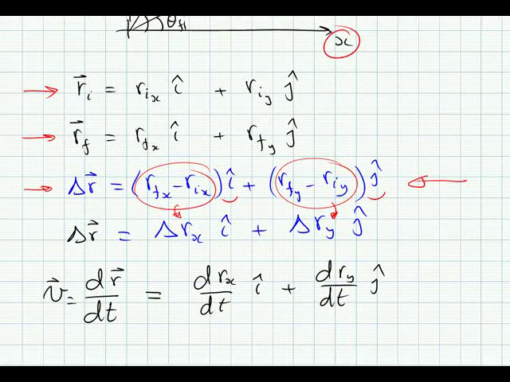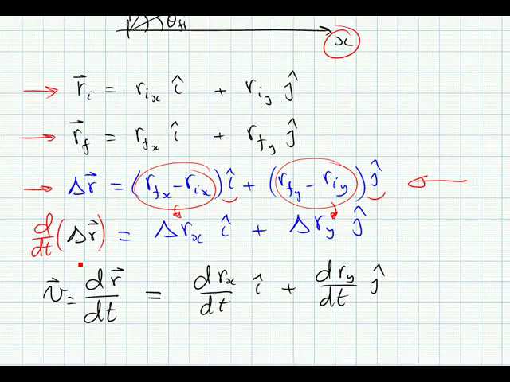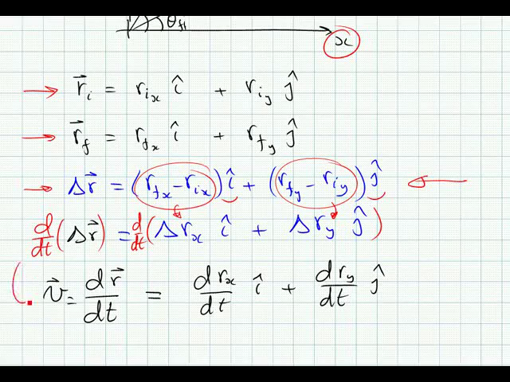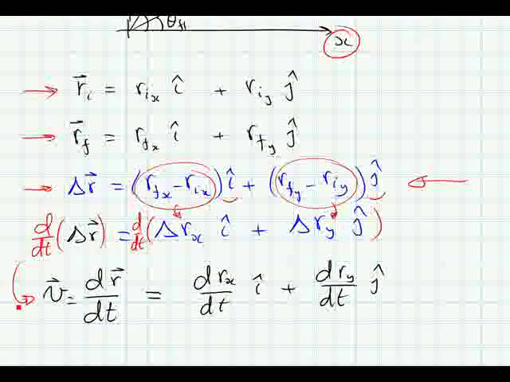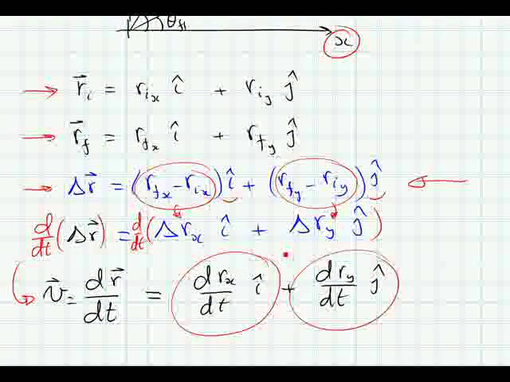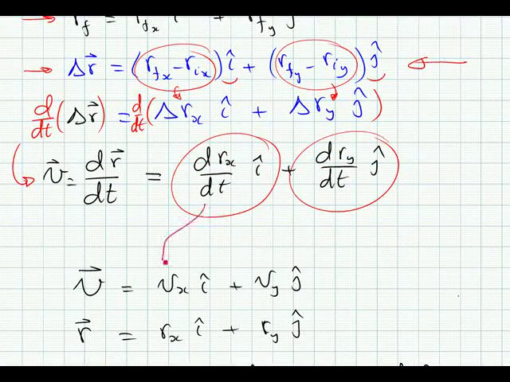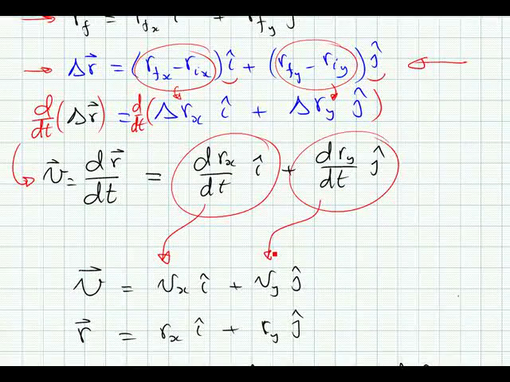Now, taking a derivative with respect to time of the displacement vector, of course, gives us the velocity vector. So velocity vector v then takes the form dRx/dt i plus dRy/dt j, or in other words, dRx/dt is simply our velocity along the x direction, and dRy/dt is the velocity of the object along the y direction.